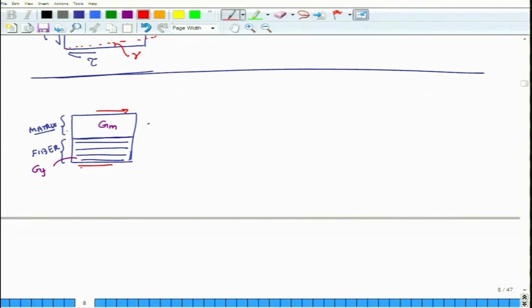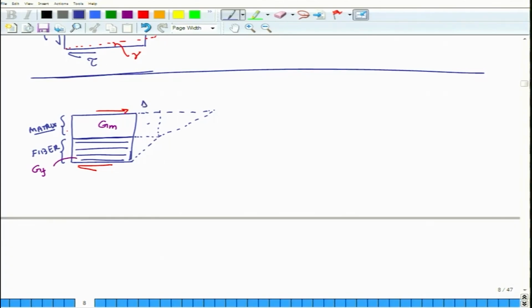So, I apply some shear stress to it. What happens? This system deforms, and as it deforms, there will be some deformation in the fiber, and there will be some deformation in the matrix.